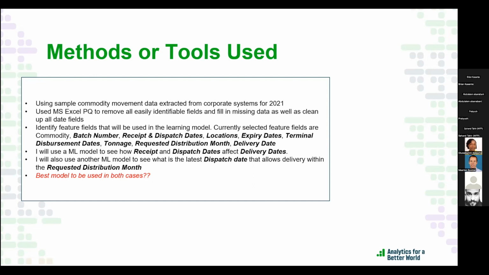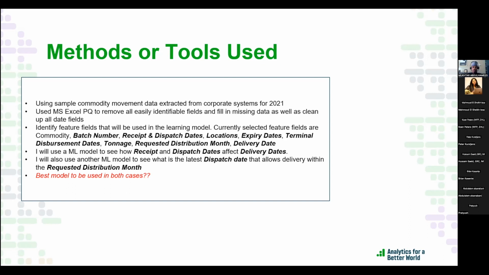Now, because I was tied up with time, I was spending a lot of time trying to learn Python, but it got to a point where I had to get results. So I used Microsoft Excel to do my data wrangling and cleaning using Power Query, because this is a tool I'm mostly familiar with.